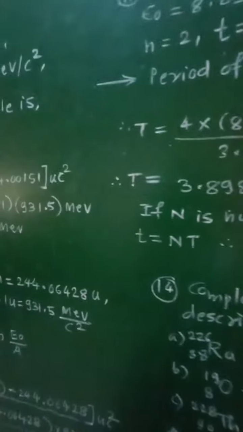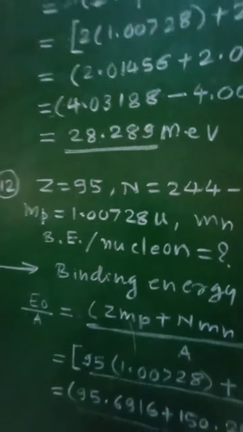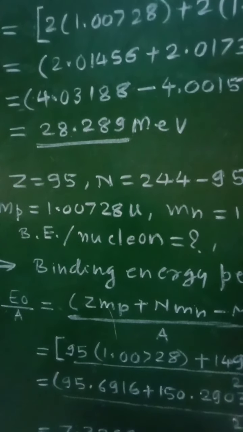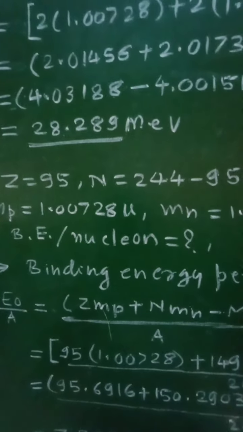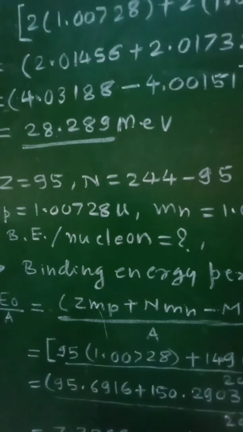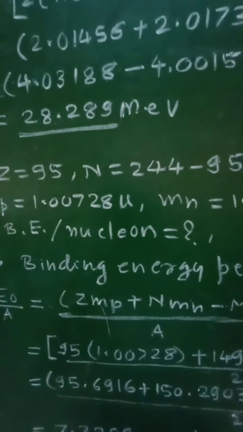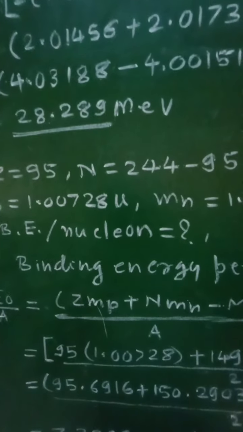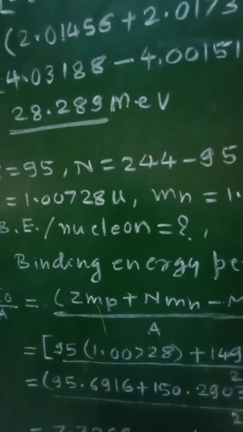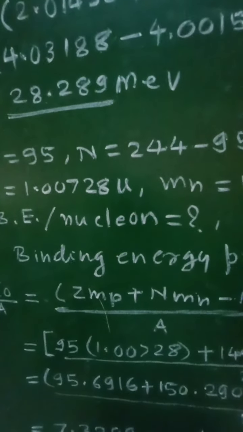Then we will go for the next numerical, numerical number 12, which is given as: determine the binding energy per nucleon of the isotope of Am, given that mass of Am is 244.06428 u.